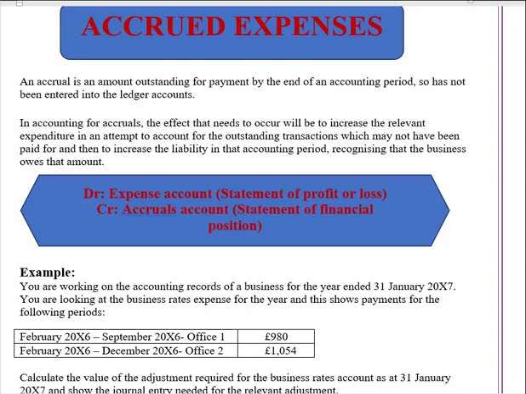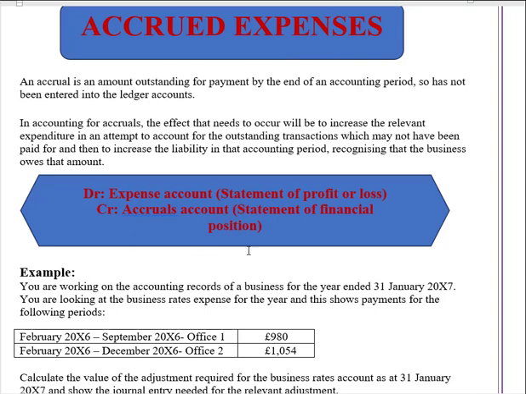I haven't got anything on that expense in my accounts. And I want to make sure that I have everything that relates to that expense in my accounts. As long as I have incurred the expense, you need to recognize it in your accounts, and hence the accruals comes into place, also known as accrued expenses.